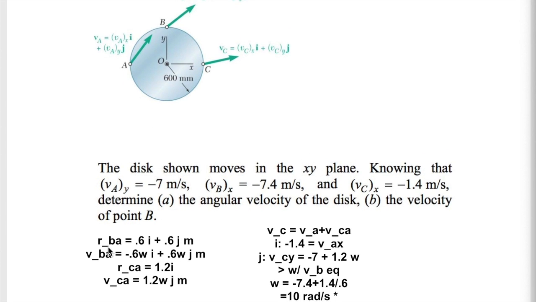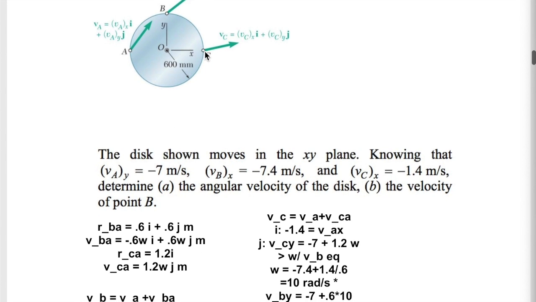So for this, we're going to start with our radius R_BA. We know 6 in the i, 6 in the j. Take the velocity of that. So negative 0.6 times the angular velocity plus 0.6 times the angular velocity in the j, in meters.